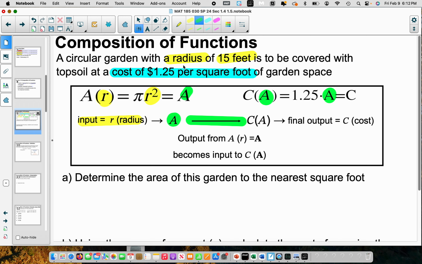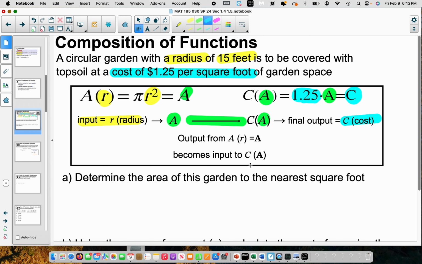The cost function says that for each square foot, I have to pay $1.25. That gives me my cost. So I take my input of radius, my output is area. That area then becomes input to my cost function, and then my output is cost.